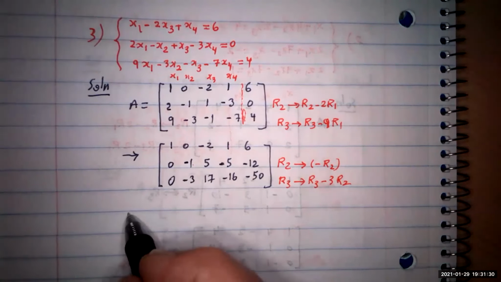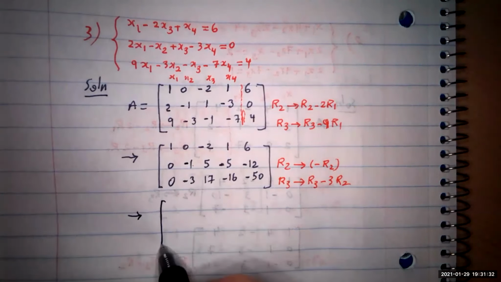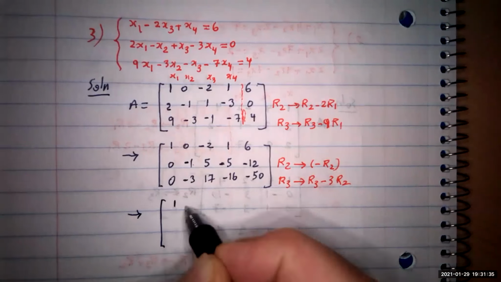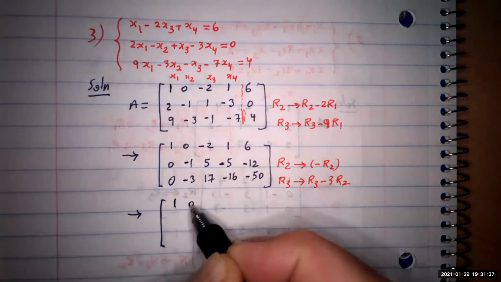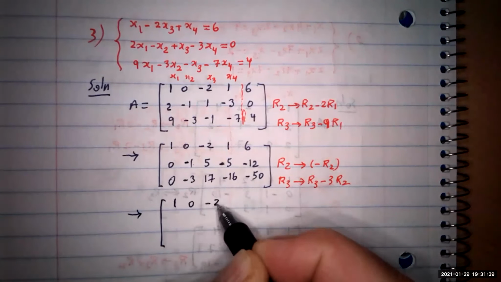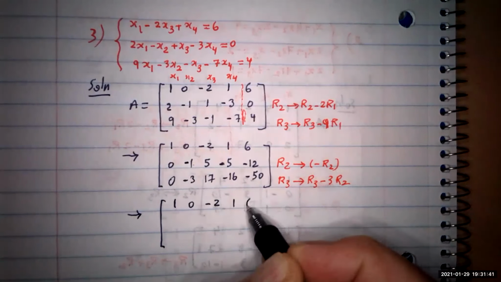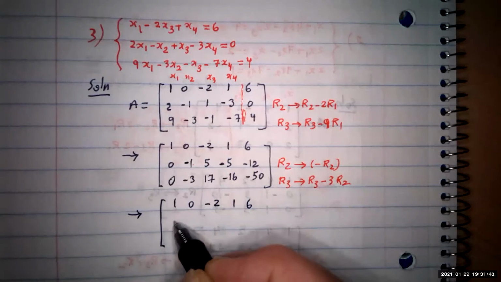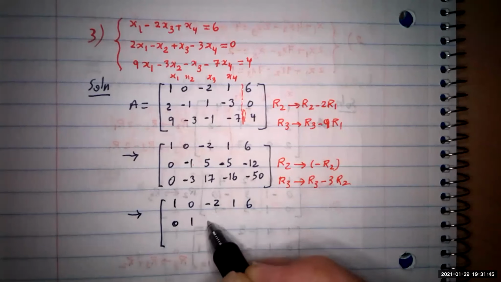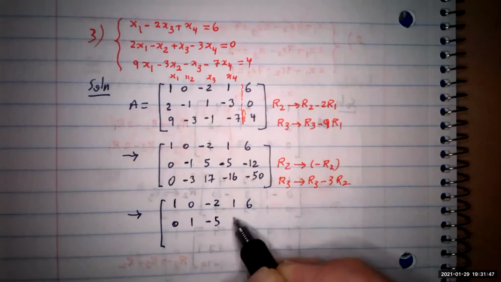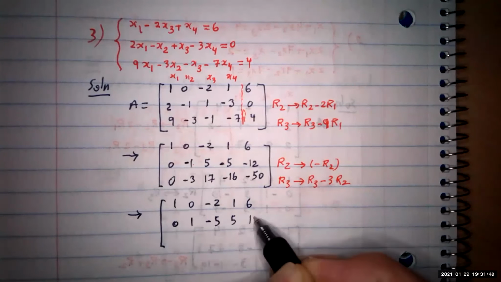So the resultant matrix is going to be, this is it. So the first one is going to be unchanged, 1, 0, negative 2, and that gives you 1 and 6. Switch a sign. So 0, 1, negative 5, positive 5, 12.